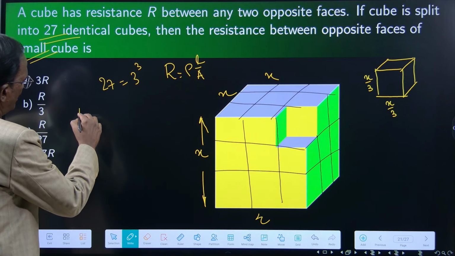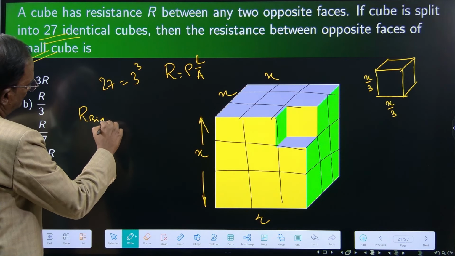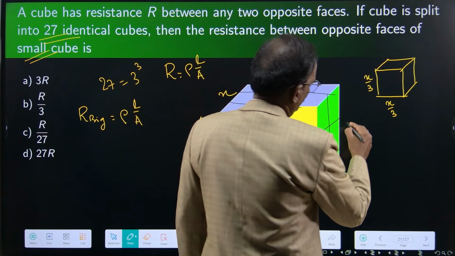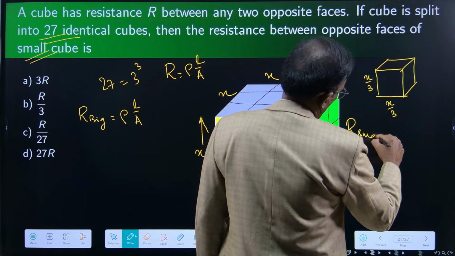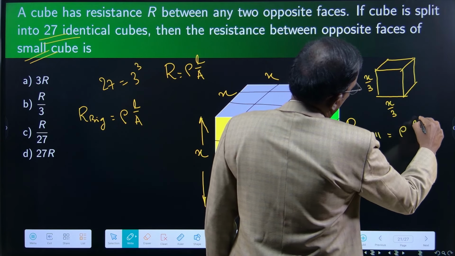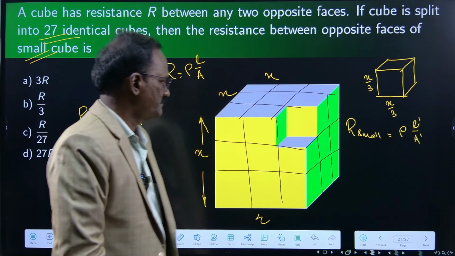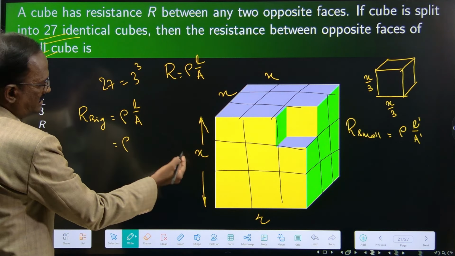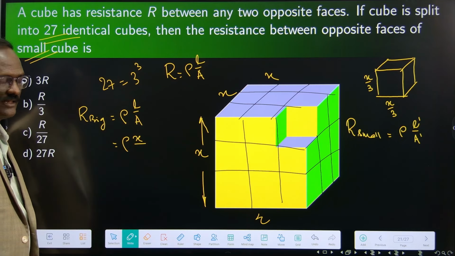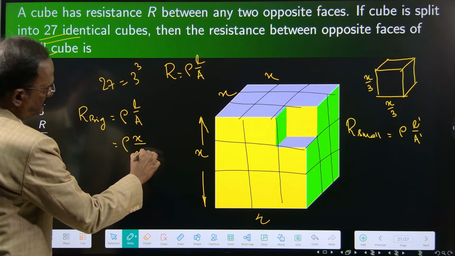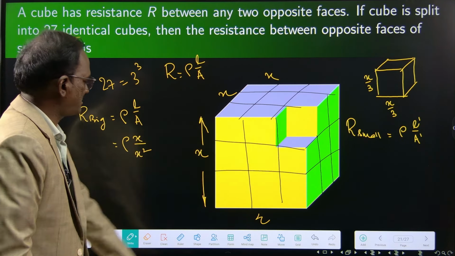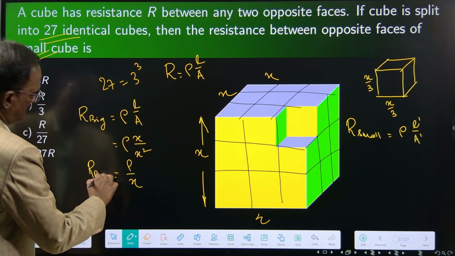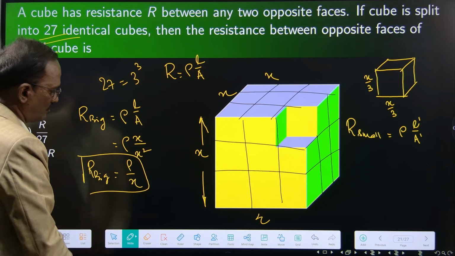So R big is rho L by A, R small is rho L dash by A dash. This is rho L is equal to x and A is equal to x square, isn't it? x into x is cross sectional area. So R big is rho by x.